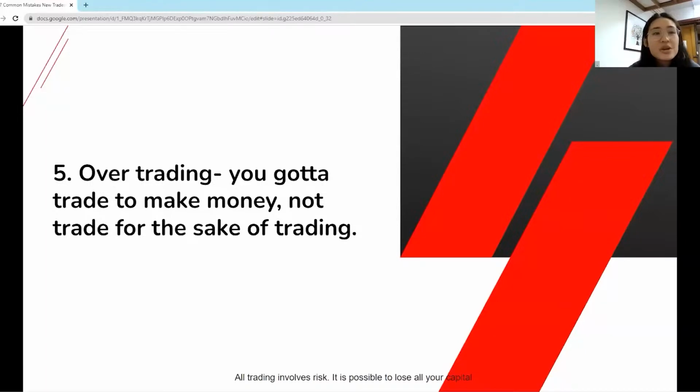Okay, next we have overtrading. You've got to trade to make money, not trade just for the sake of trading. I'm not going to get into this because it's pretty self-explanatory. It's basically saying that some traders, especially when you first start, get a bit excited and simply forget about profits and just look at the movement of price.